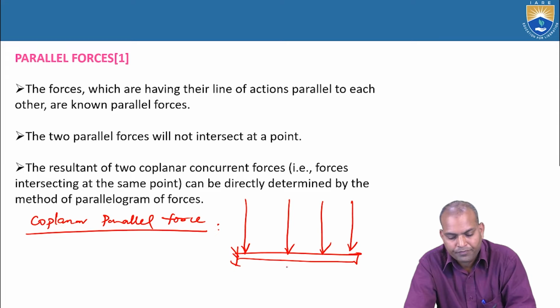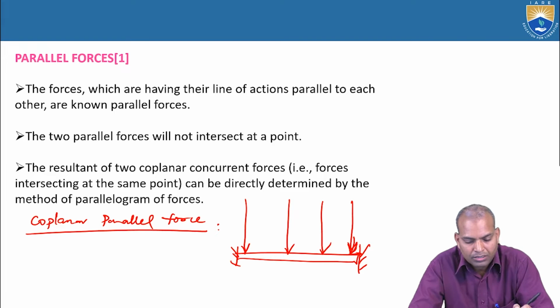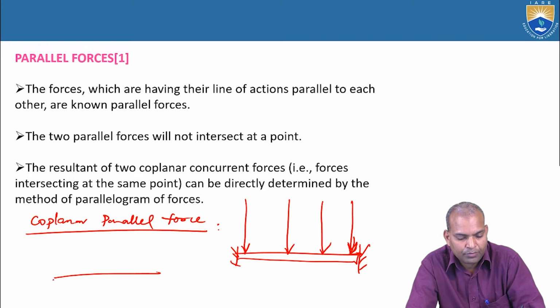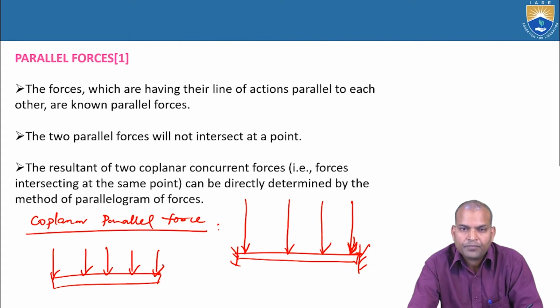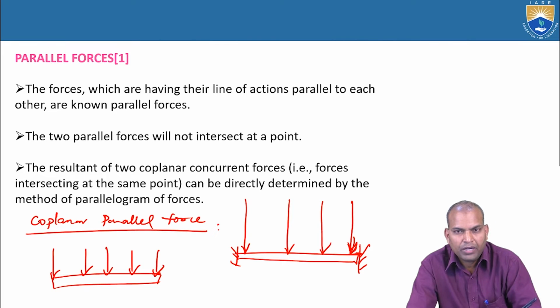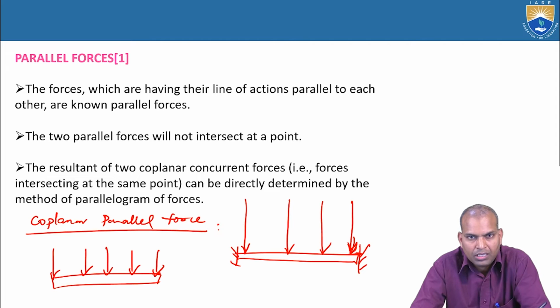Suppose it is a beam, a fixed beam. How to find the resultant force? If a number of forces are acting on a body parallel to each other, how do we find the resultant? We can't apply the parallelogram law of forces and the concepts we applied for the calculation of the resultant of a coplanar concurrent force system.